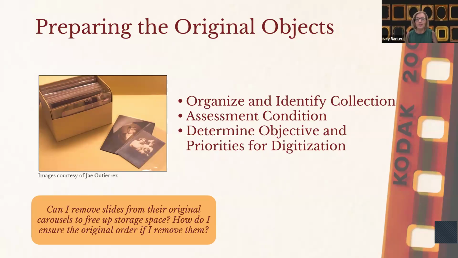Combined with that, doing a condition assessment to divide photographs that need extra attention, need to be isolated due to mold, need to receive some sort of treatment before they can be digitized, or are known to deteriorate faster than others. So you can create prioritizations and objectives for your digitization workflow and future procedures.